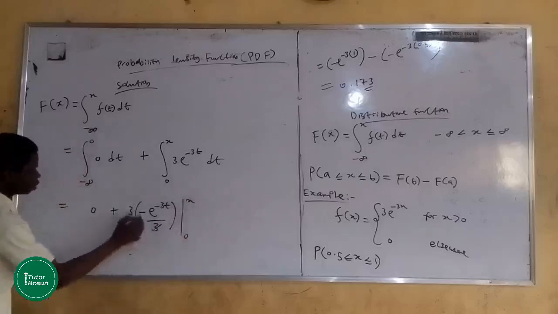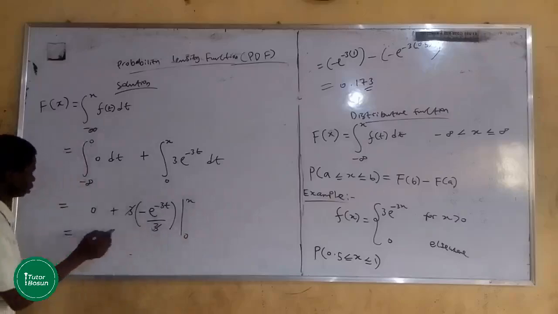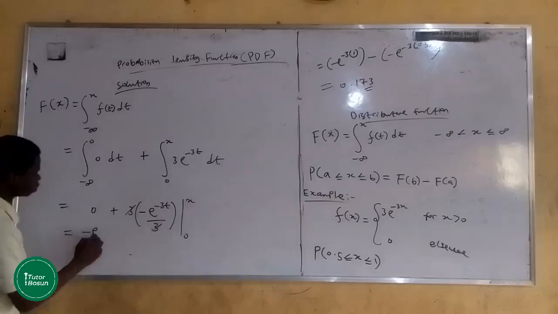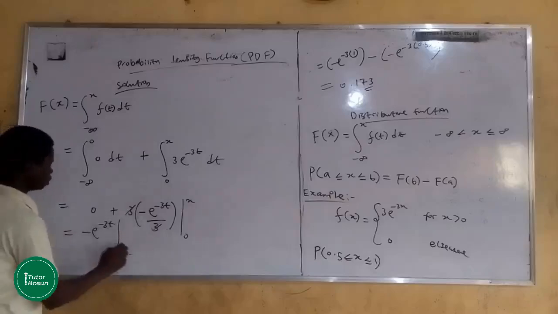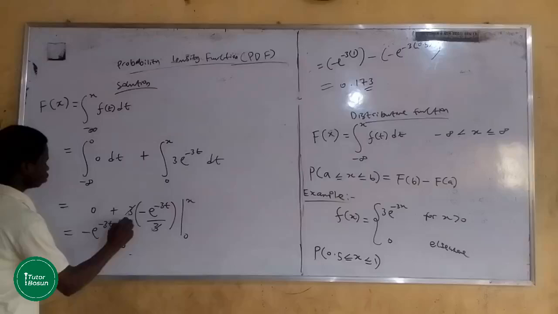The 3 will cancel the 3 automatically. We'll be left with minus exponential minus 3t from 0 to x.